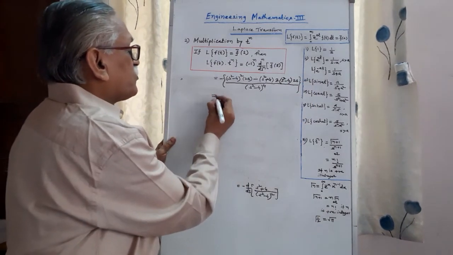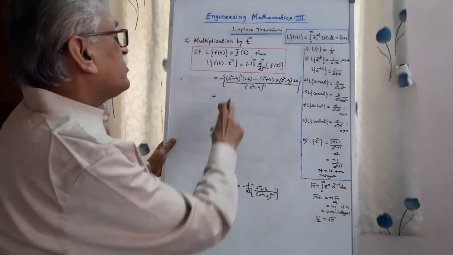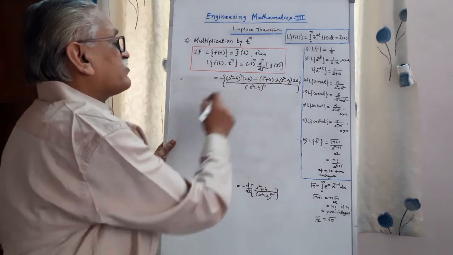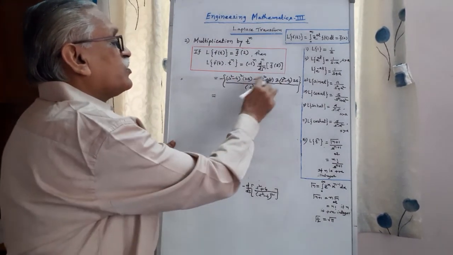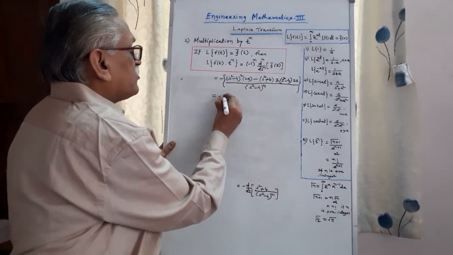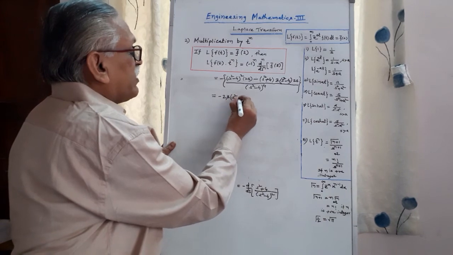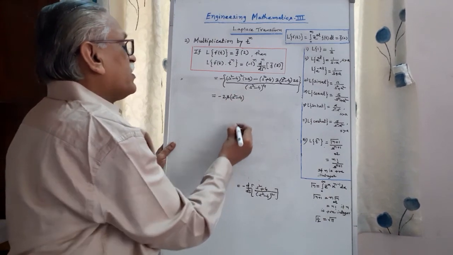And therefore it is equal to, from this I can take s square minus 4 as common and 2s also common, therefore minus 2s, s square minus 4 common.